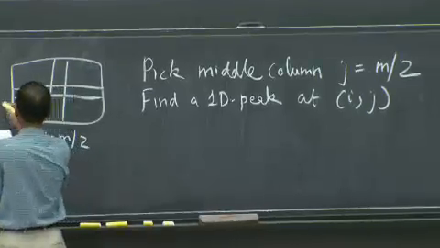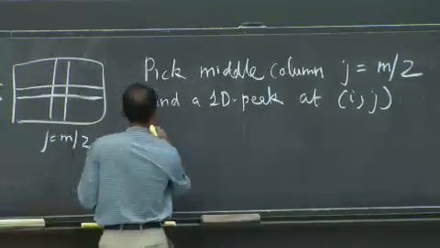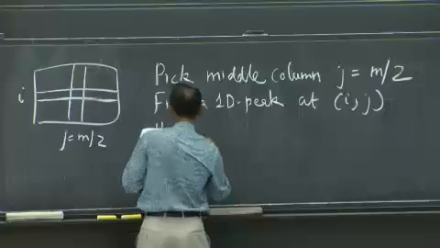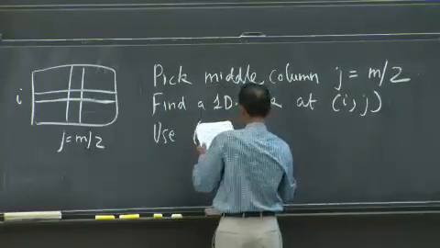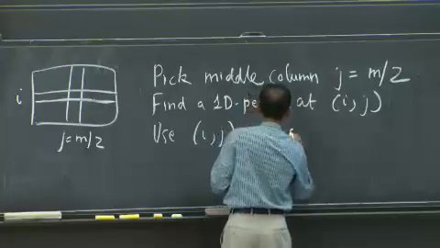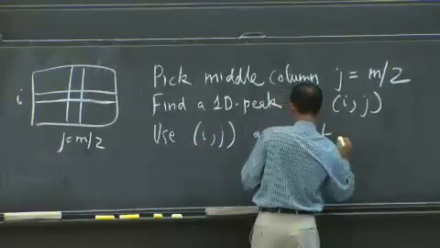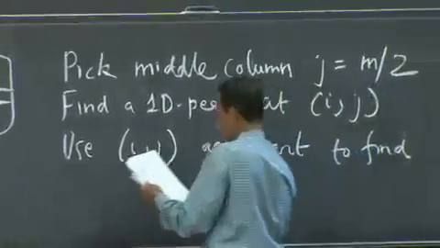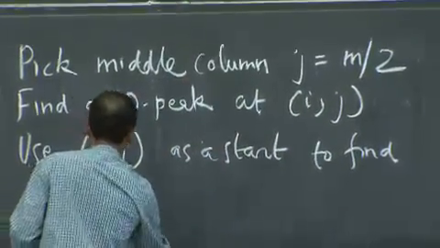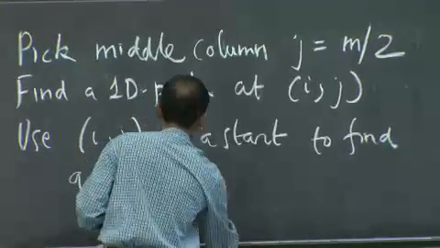So this is j equals m over 2. That's i. Now, I use ij, in particular row i, as a start to find a 1D peak on row i.